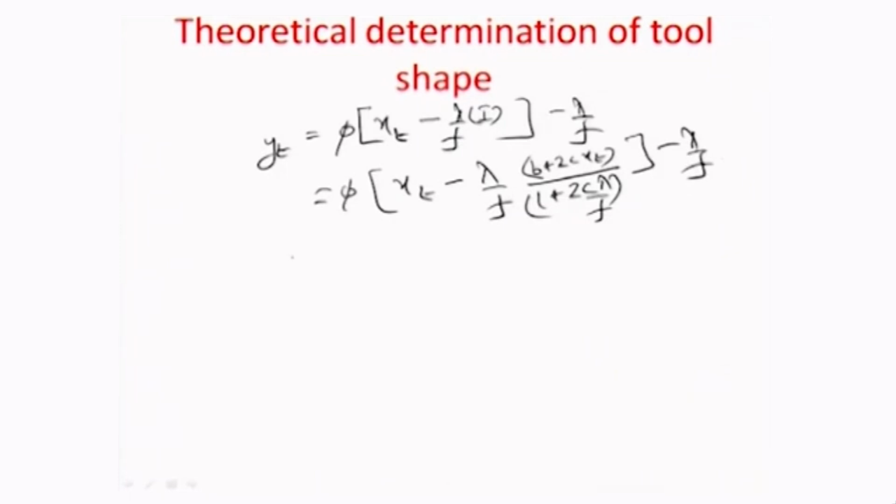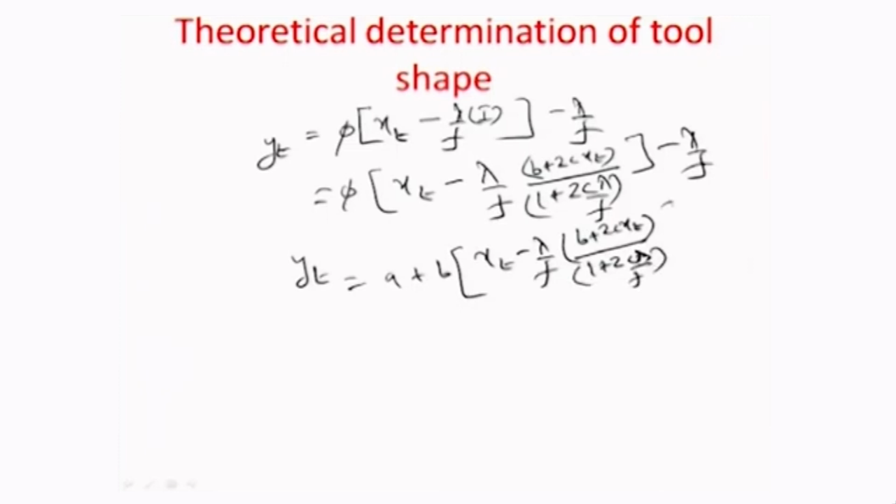And then of course, you already know that yt is written as a function of phi here, which means it is a plus b times this argument which has been formulated. So, we are mapping now the function. Plus c times xt minus lambda by f times b plus twice c xt divided by 1 plus twice c lambda by f, whole square, minus lambda by f.